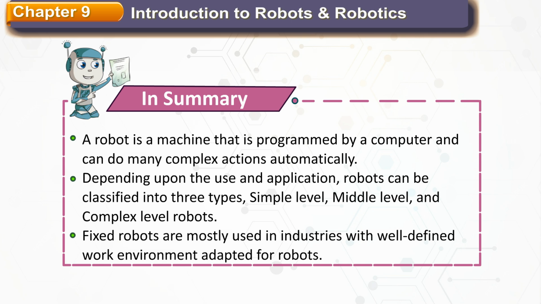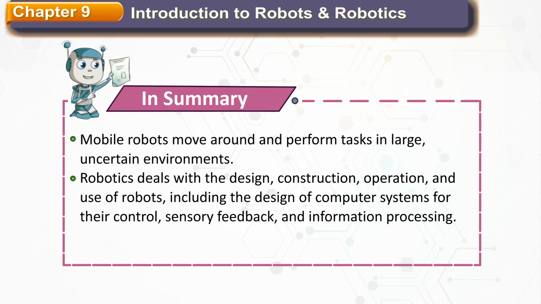Fixed robots are mostly used in industries with well-defined work environment adapted for robots. Mobile robots move around and perform tasks in large, uncertain environments. Robotics deals with the design, construction, operation, and use of robots, including the design of computer systems for their control, sensory feedback, and information processing.